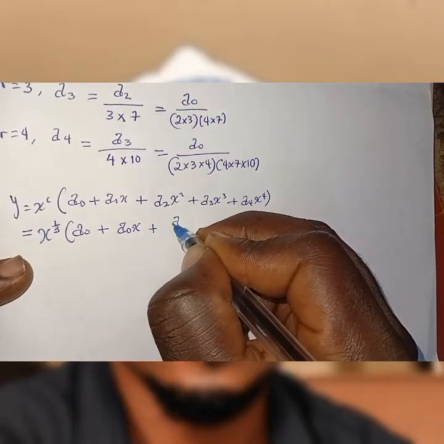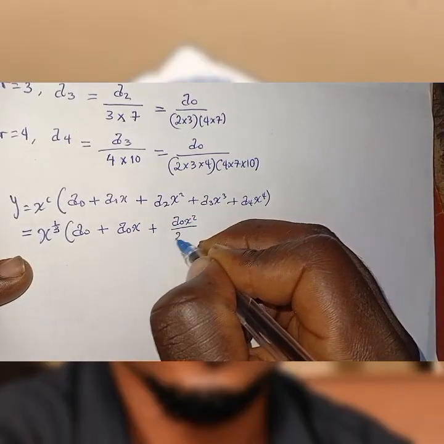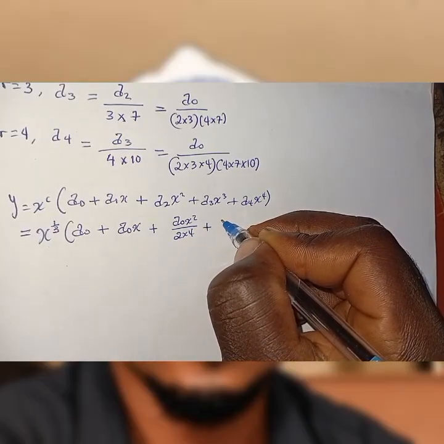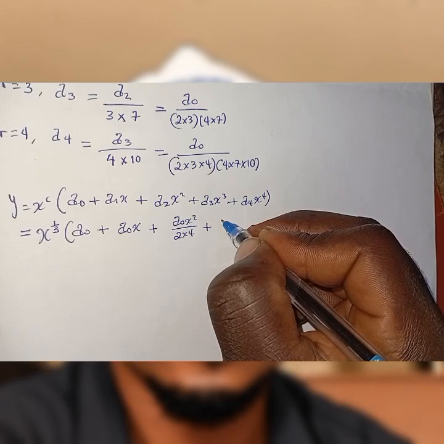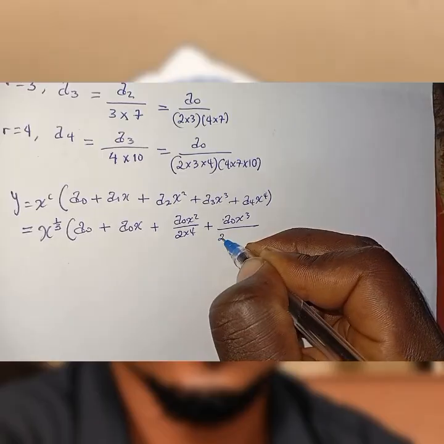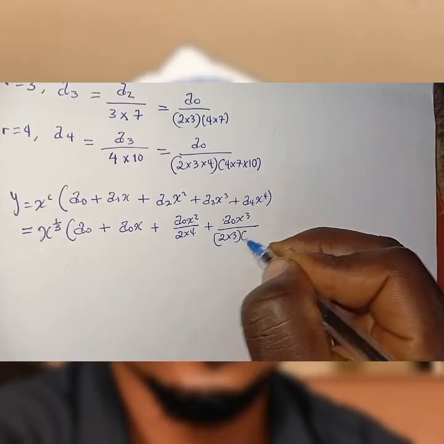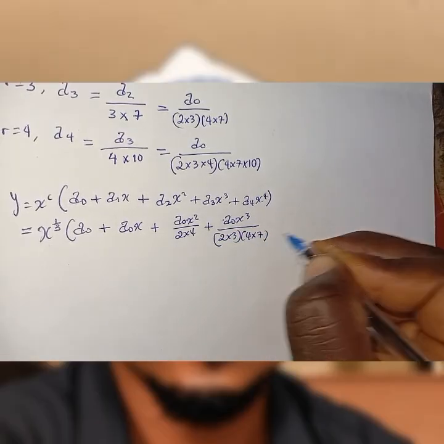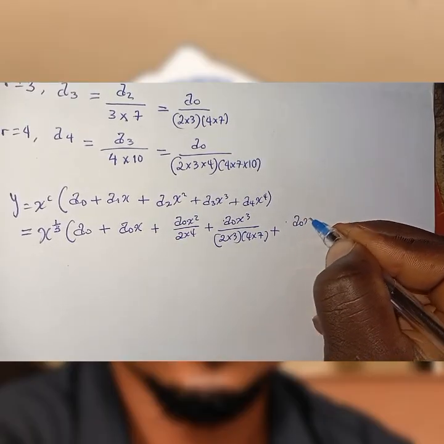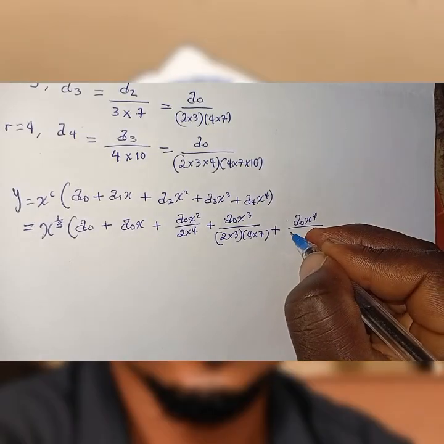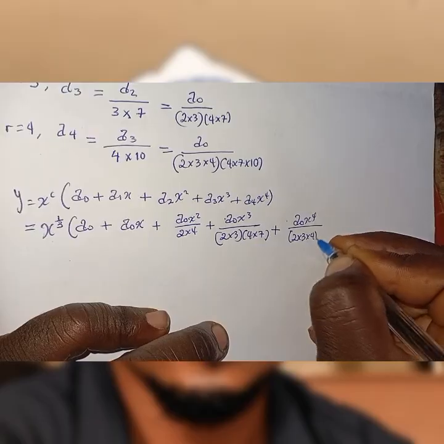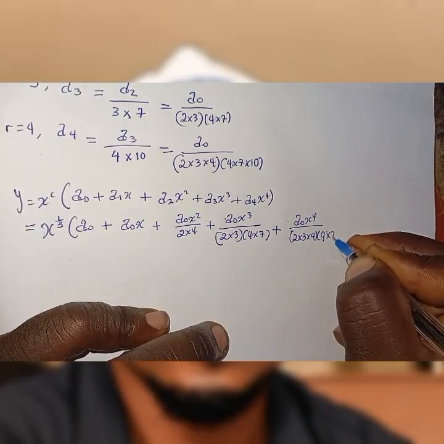For a2 we have a naught x squared over 2 multiplied by 4. For a3 we have a naught x cubed over 2 multiplied by 3, 4 multiplied by 7, plus a4, so we have a naught x to the power 4 over 2 multiplied by 3 times 4, 4 multiplied by 7 times 10.